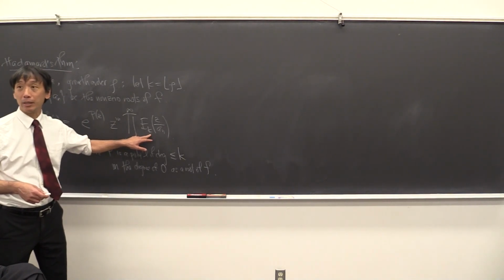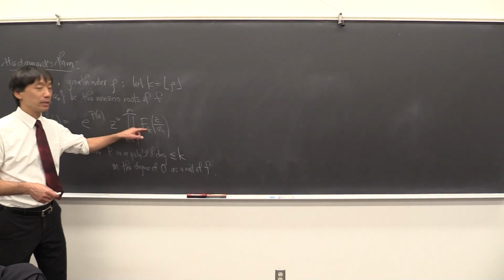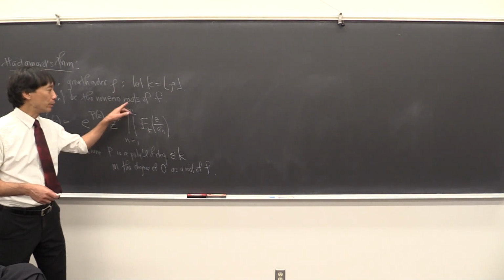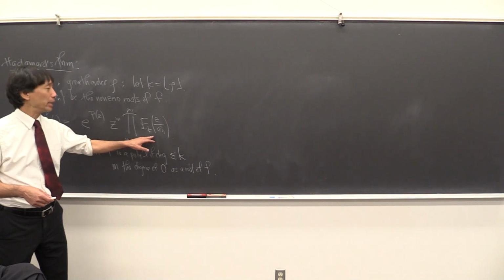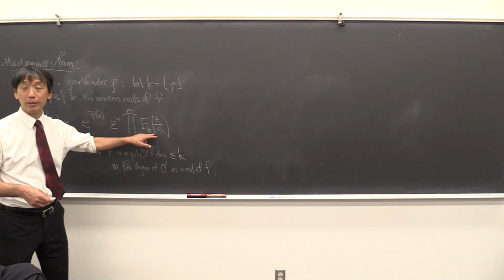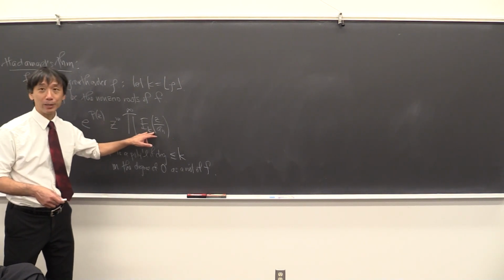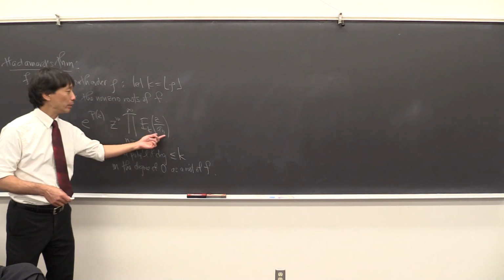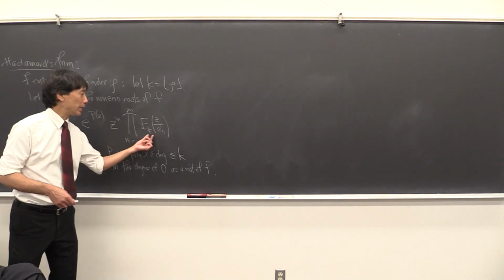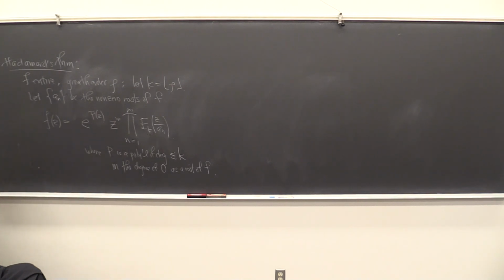Remember for the Weierstrass theorem, we had E sub n, as n goes from 1 to infinity, so the degree of the elementary factor changed with the root. And here we're saying that we can take just one fixed number there for k.